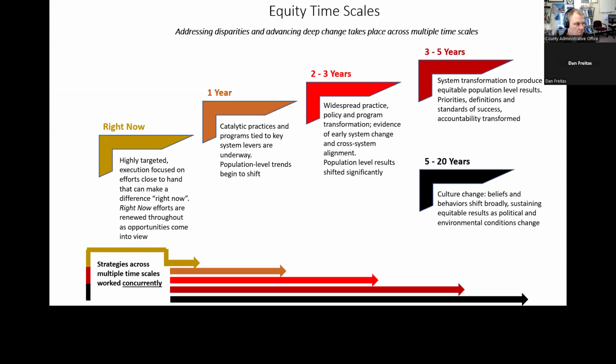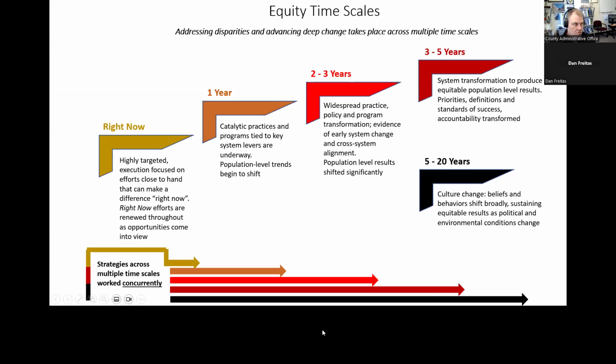Then you move on to the 1-year project, to catalytic practices and programs tied to key system levers that are underway. Population level trends are beginning to shift. So you're getting your project off the ground and starting to move in the direction that you want to go.